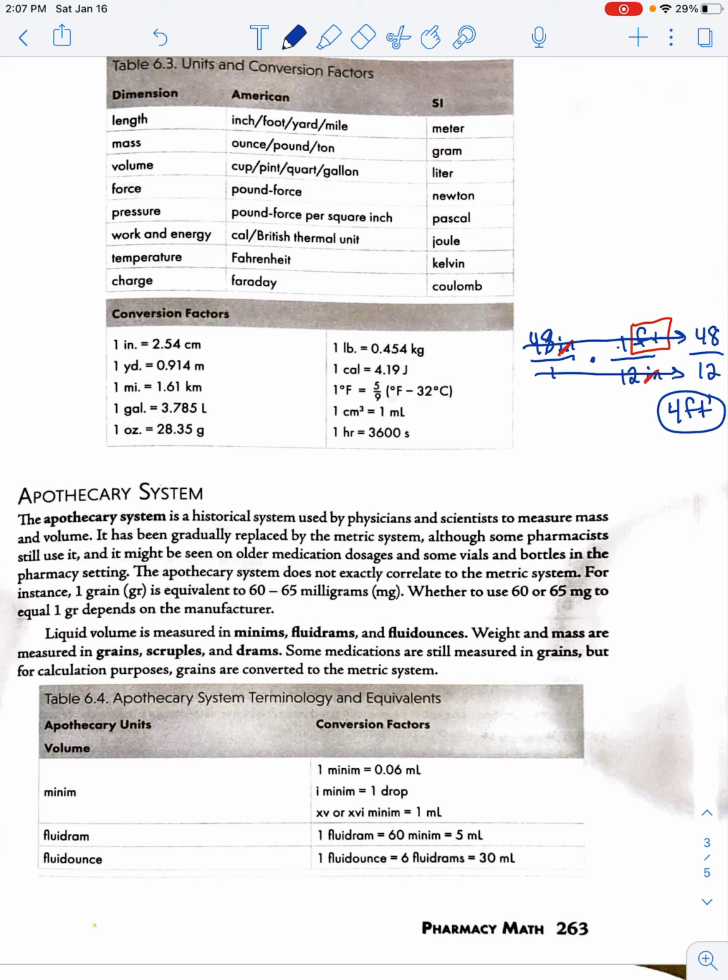Well, you can use this same technique to convert any unit to another unit as long as you have the conversion factor between those units. So, for instance, if you were to go to Europe, things are measured in meters and centimeters, as opposed to inches.